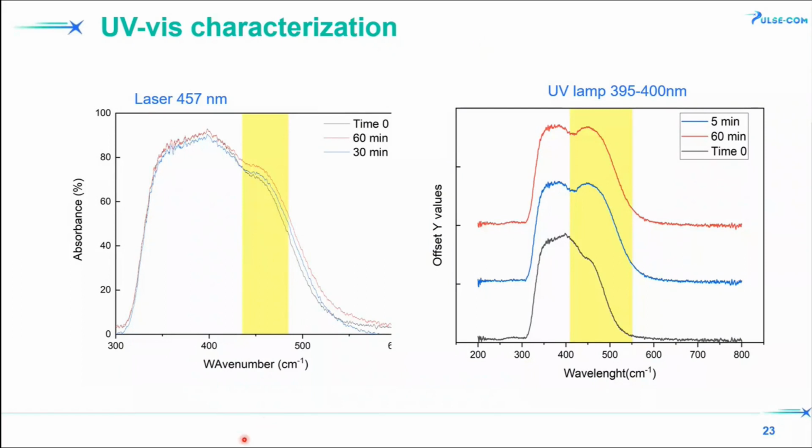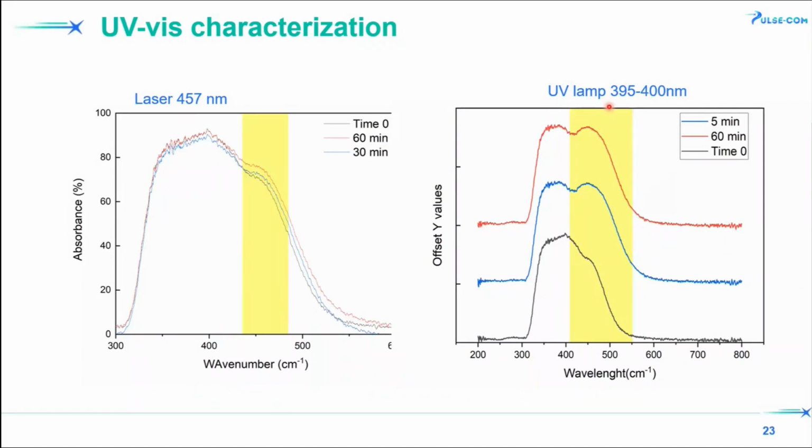On the left, this is 457 nanometers, which is absorbed by both trans and cis. In fact, we don't see much difference in the shape of the absorbance curve. This is because the average conversion is not in favor of the cis molecule at this wavelength.